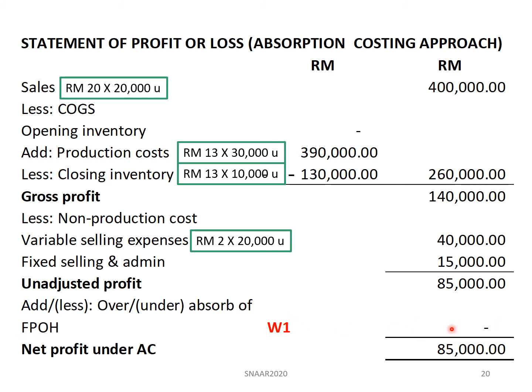So working one ni dapat 0. Nanti kita tengok working one. So since 85,000 tambah dan tolak 0, so dapatlah net profit under absorption costing is the amount of 85,000. Next, kita nak tengok working one ni. Macam mana dia kira dapat kosong untuk over or under absorb of fixed production overhead.